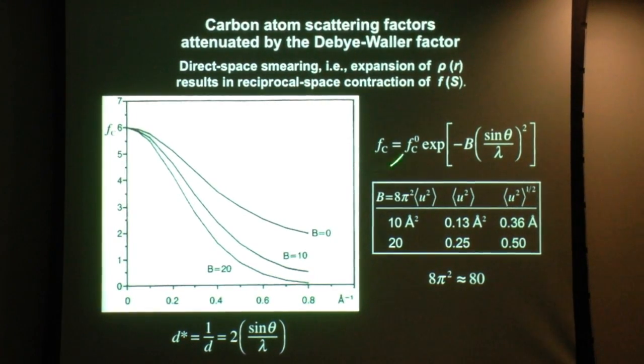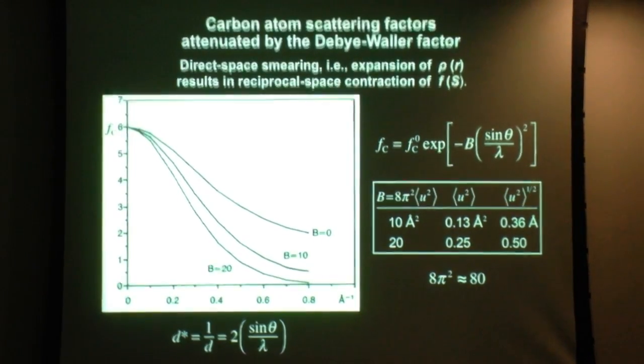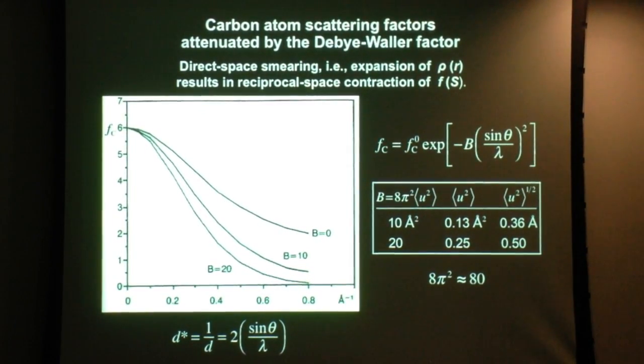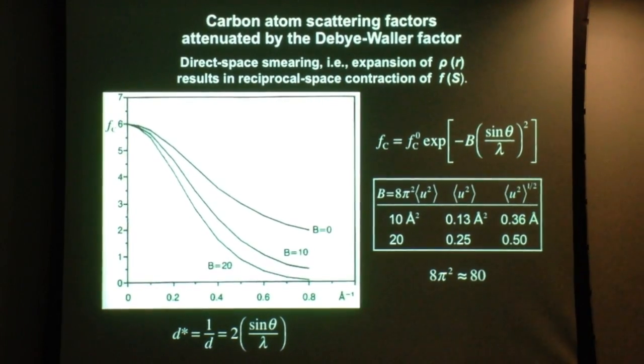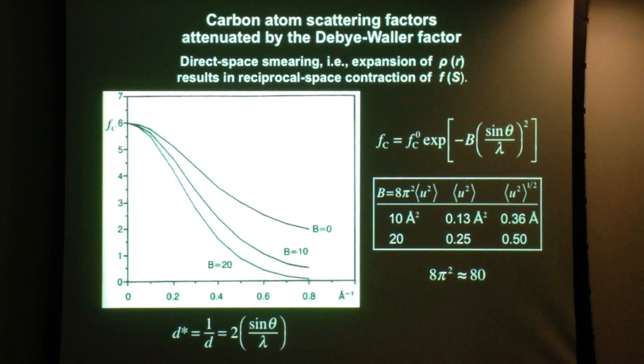So the scattering factor for the carbon atom is equal to its at-rest value multiplied by this exponential Debye-Waller factor. People use the term Debye-Waller factor as synonymous with B factor.